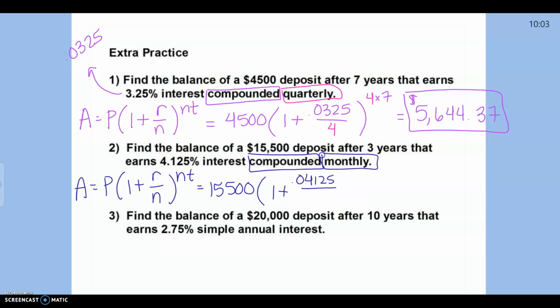Compounded monthly, here's the key. How many months are in a year? 12 to the 12 times, and time is 3 years. And you're going to type that in your calculator. And you're going to get $17,538.14. So that is how much money you have in your account.